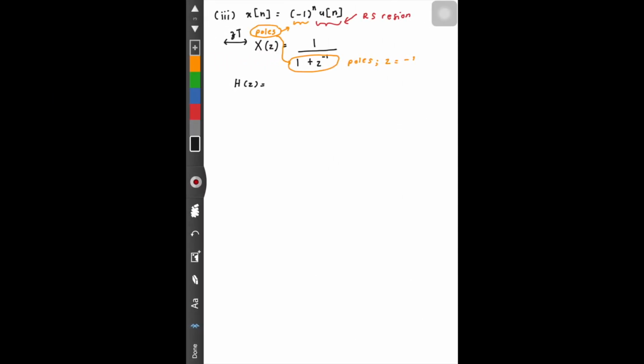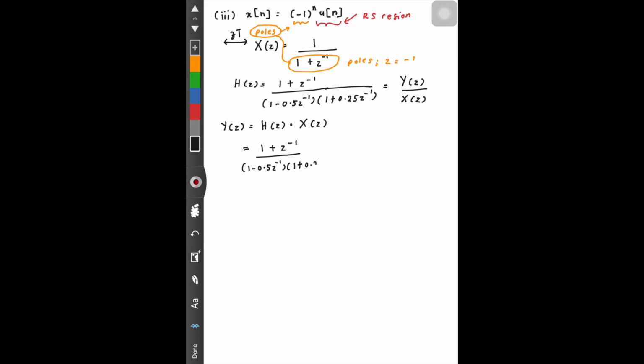Then from the question we have H(z), and this H(z) is equal to Y(z) over X(z). So Y(z) is equal to H(z) times X(z). So you will have this expression.